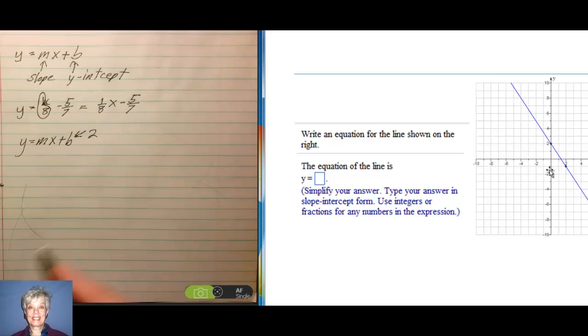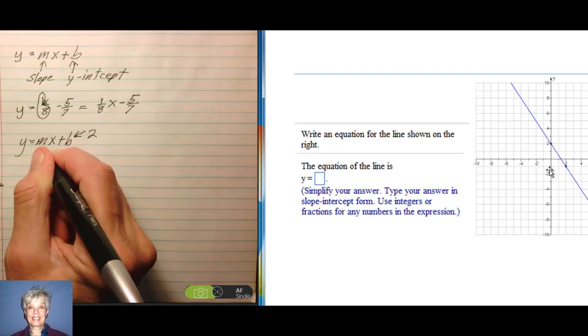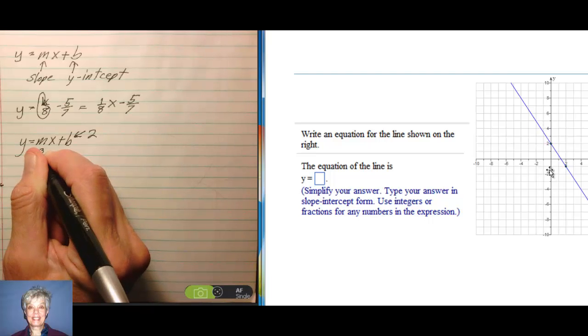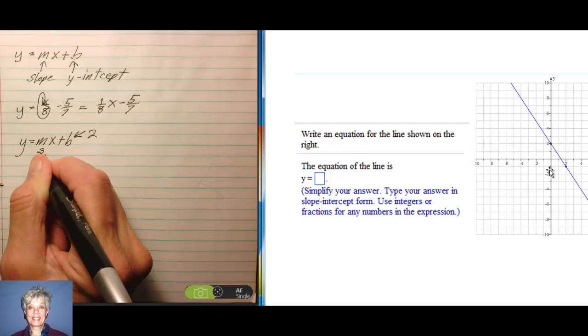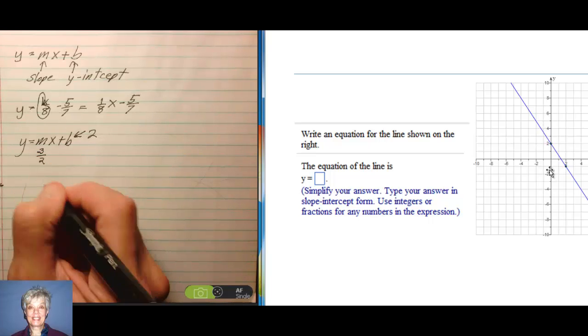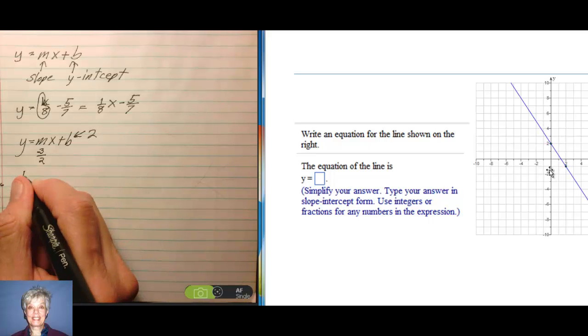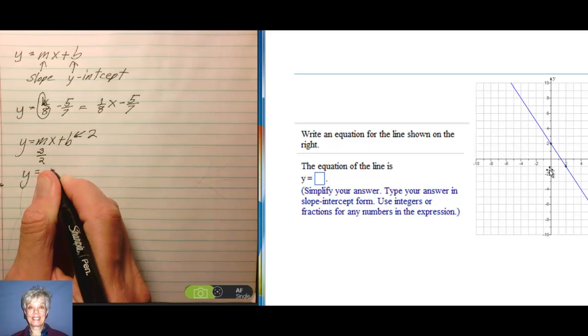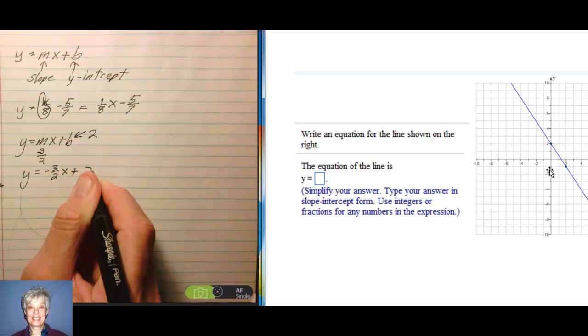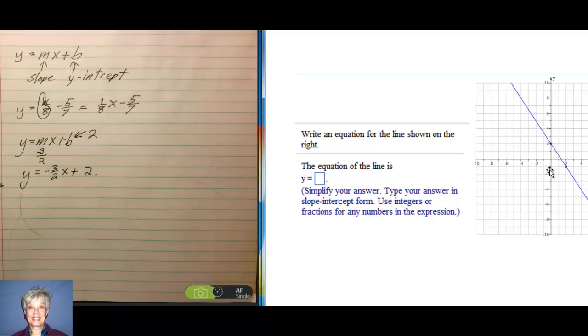So we go down, our slope is going to be 3 down, and 2 to the right. So that will be -3 over 2. So our equation is going to be y equals -3/2 x plus 2. And that would be the answer you would write for this equation. Right here. Okay.